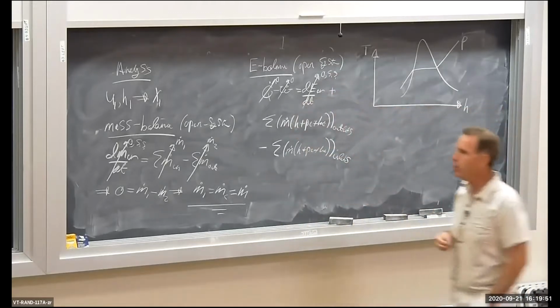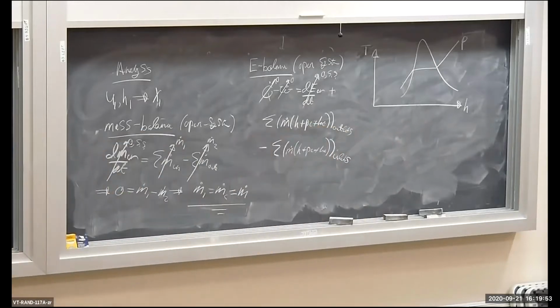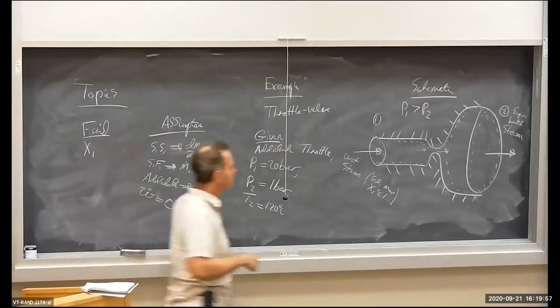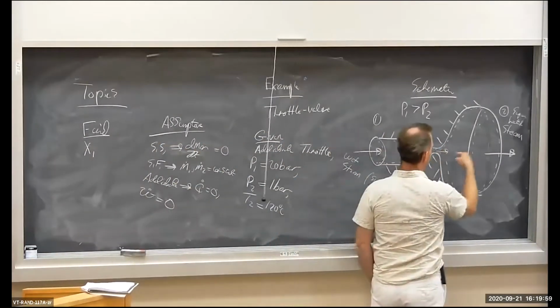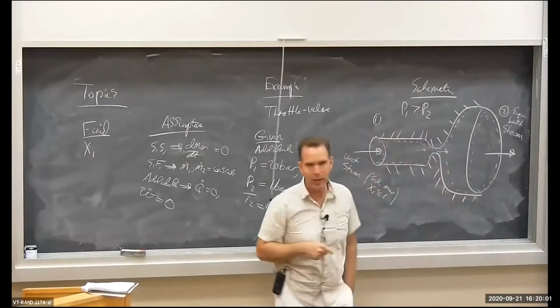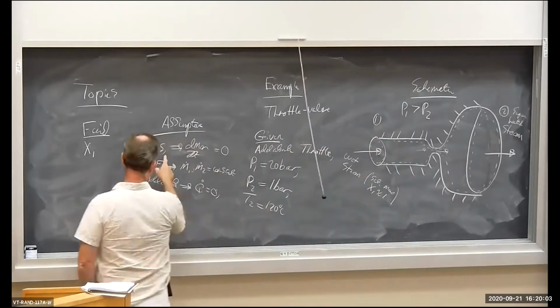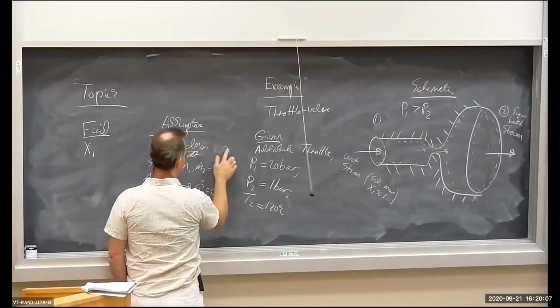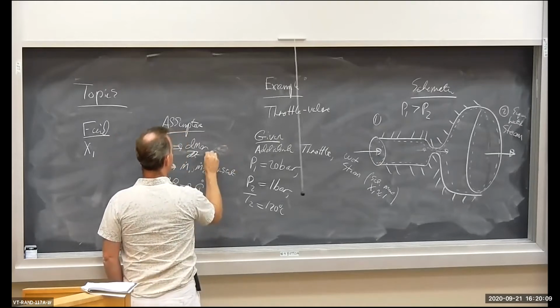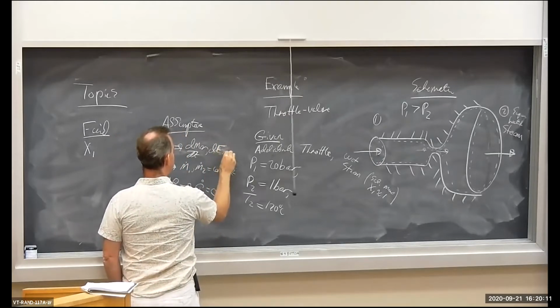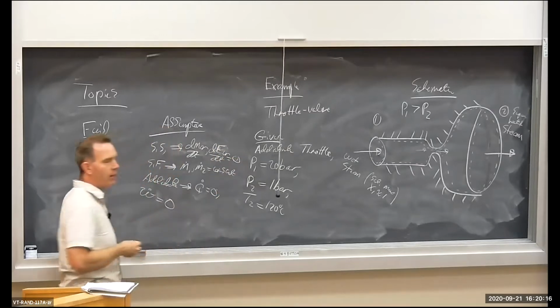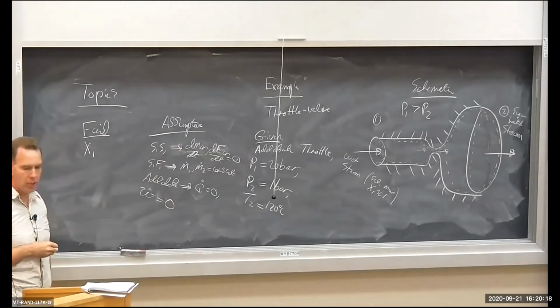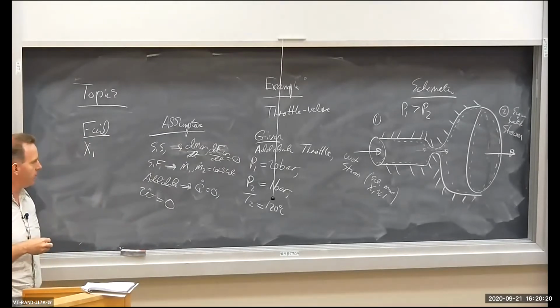The amount of energy inside the throttle valve, our control volume, doesn't change in time. Why? Because I'm assuming steady state. So not only is dmCV dt 0, but dECV dt is 0. No change with time for energy and mass within the control volume. Steady state.